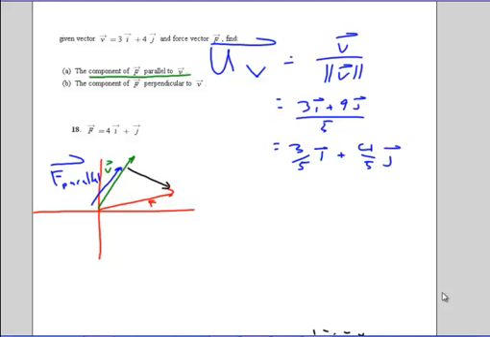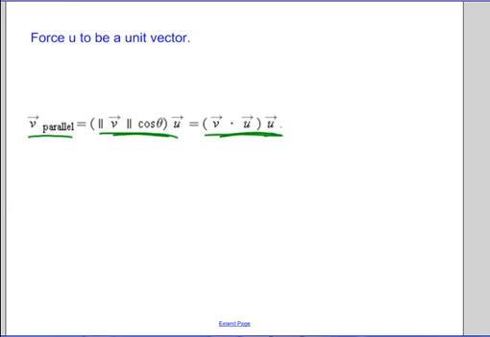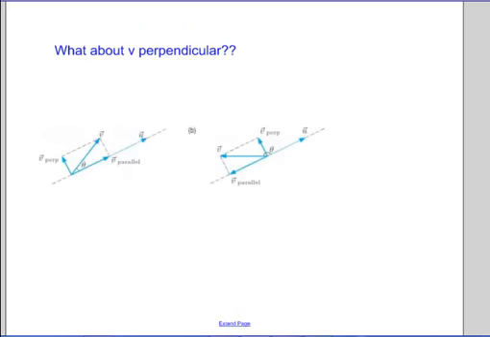So that's the little unit vector in the v direction. And so just as a reminder, now that we've got a unit vector in the v direction, going back a couple slides, we know that v parallel will be v dot u times u.